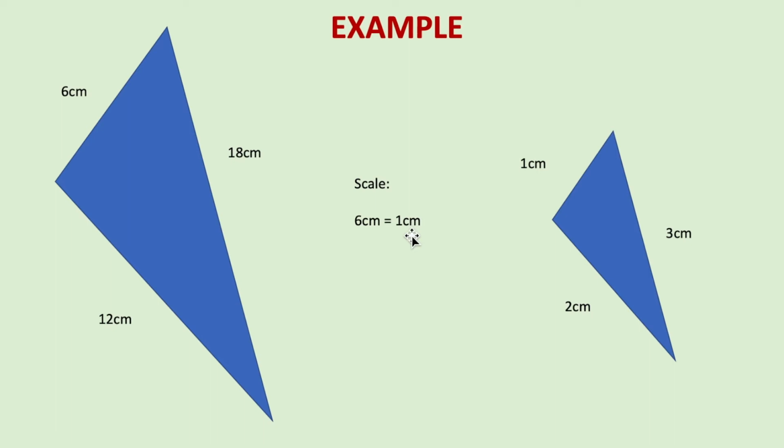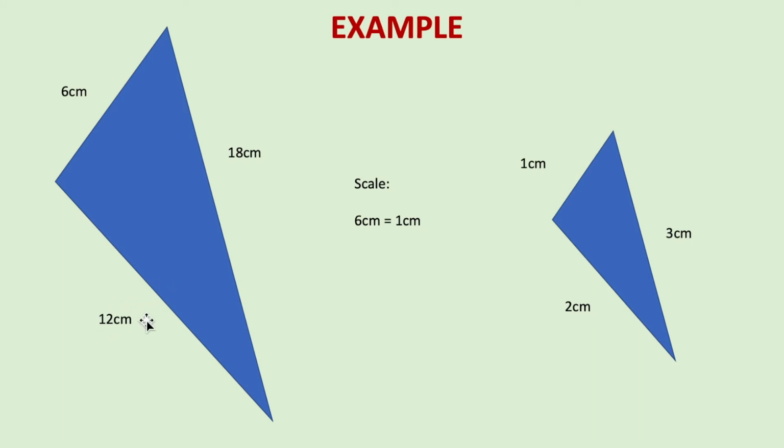And then you use that scale factor to figure out what each of the lengths on the smaller triangle will be. So this side is 6 centimeters, and we said that 6 centimeters is represented by 1 centimeter. So this side would be 1 centimeter on the smaller triangle.